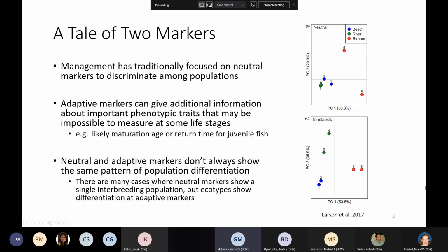But when you look at markers that are in islands of divergence in the genome, which are putatively adaptive markers, we see that the samples instead cluster by ecotype. So these give us different levels of information. One just gives us the neutral population structure, and the other gives us differentiation by ecotype. So with these added markers, we can tell the beach and the river fish apart where we couldn't before.